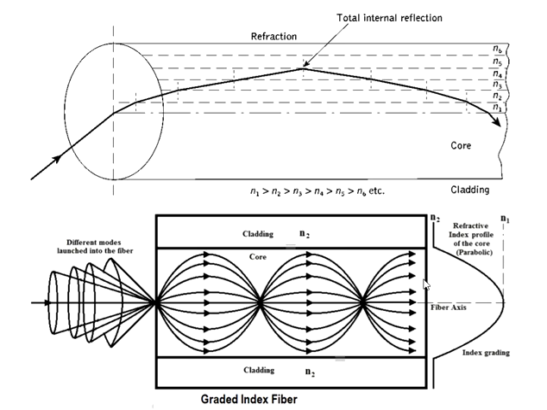To avoid that, we need the graded index type of fiber, where multiple modes will travel with different speeds and reach the end at the same time, so that pulse spreading is reduced and it will improve the bandwidth of the fiber. So this is the advantage of having graded index fiber.